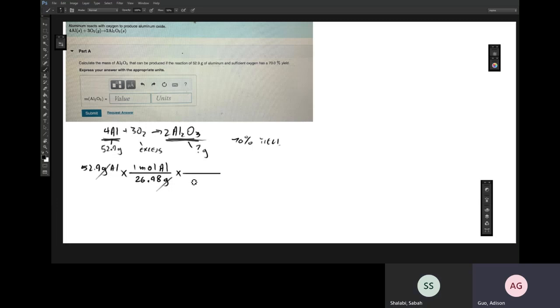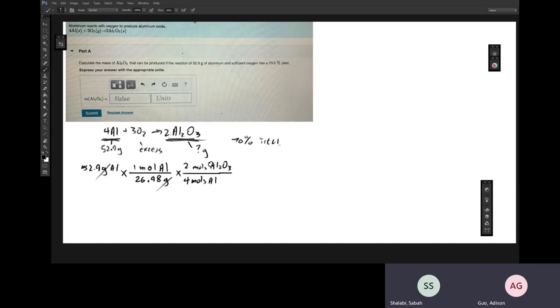So now we can switch from aluminum into aluminum oxide, and we're going to do it by this. For every 4 moles of aluminum, you're going to produce 2 moles of aluminum oxide. You get the 2 and the 4 from the coefficients in your reaction, because the reaction tells you how much you need and how much you'll make.